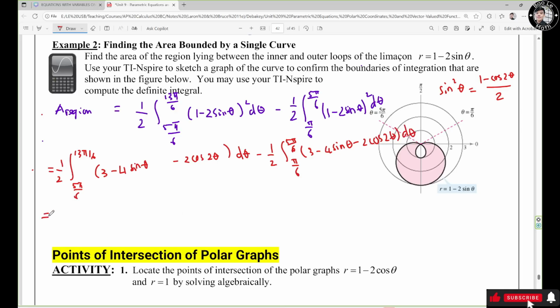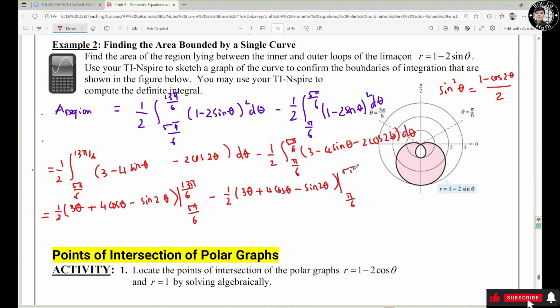Now I'm going to take the antiderivative of this one, so it could be 1/2 times 3 theta plus 4 cosine theta minus sine 2 theta, evaluated from 5 pi over 6 to 13 pi over 6, minus 1/2 times 3 theta plus 4 cosine theta minus sine 2 theta, evaluated from pi over 6 to 5 pi over 6.